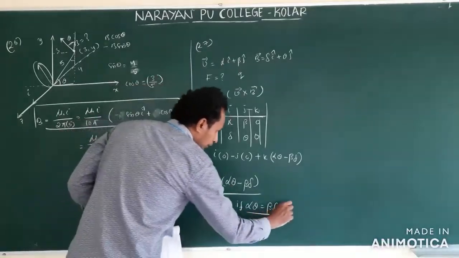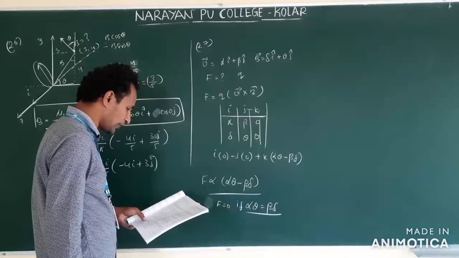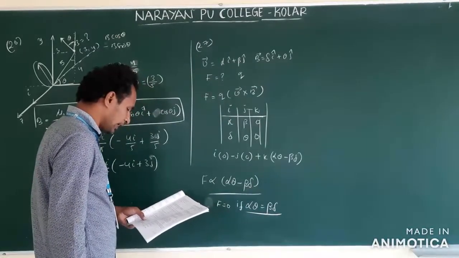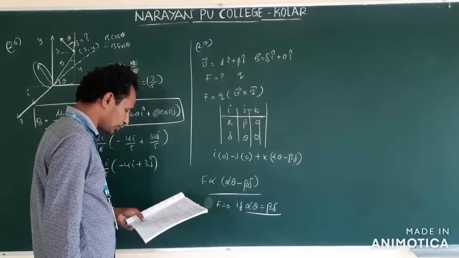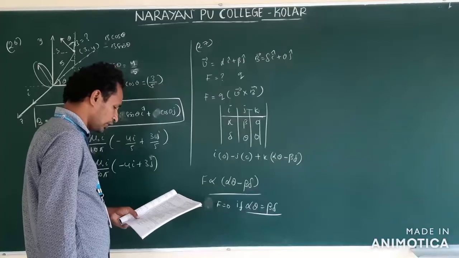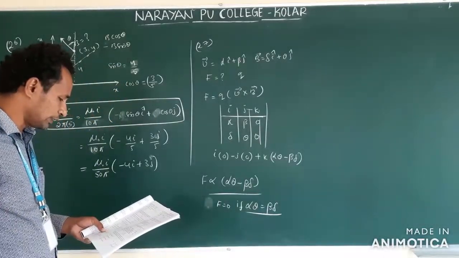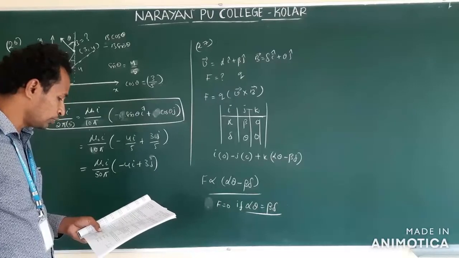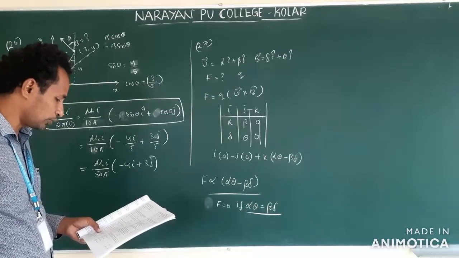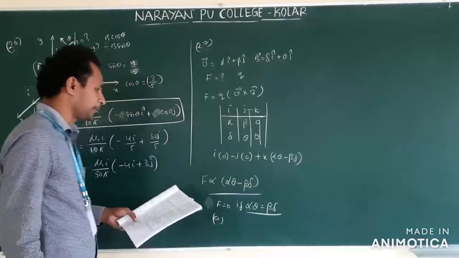The second one is F directly proportional to alpha theta minus beta delta. F directly proportional to alpha square plus beta square whole power of, this is wrong. Third is wrong. So among the given options, the choices are 1 2 correct, 1 3 correct, 2 3 correct, 1 2 3 correct. Only 1 and 2 are correct. Option A is correct. Clear?